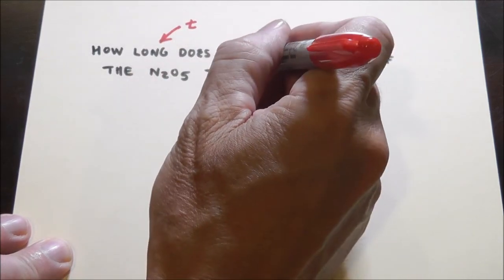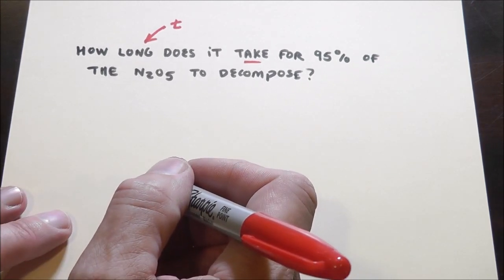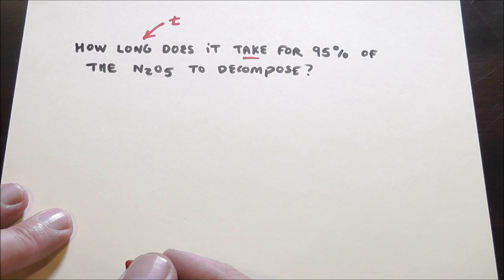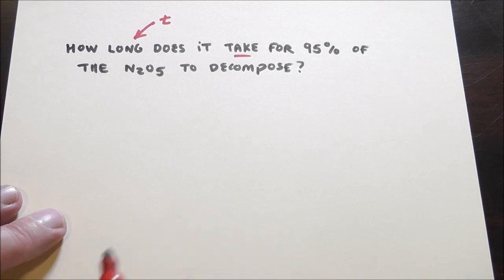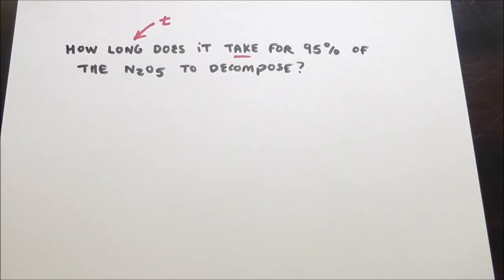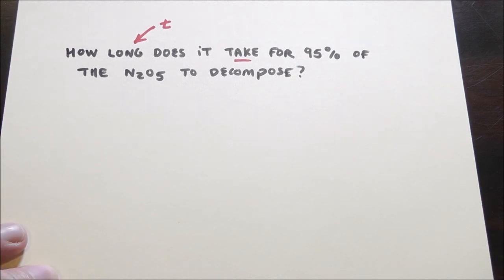How much time is required? How long does it take? Now this is one of those things where you've got to read carefully. For 95% of the N2O5 to decompose, that really means that there's 5% left.